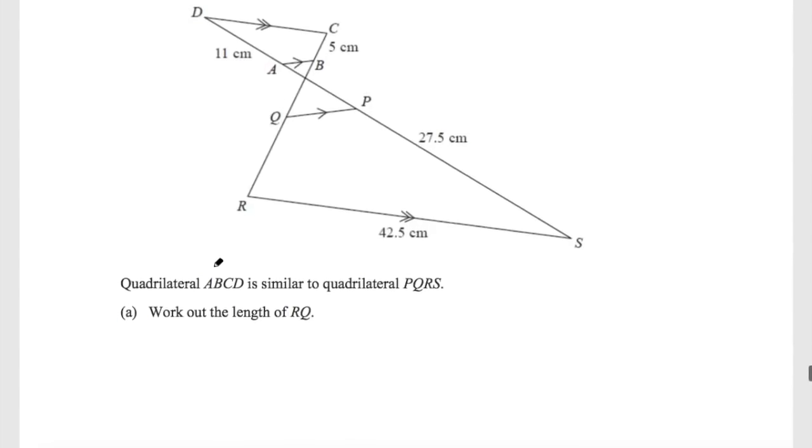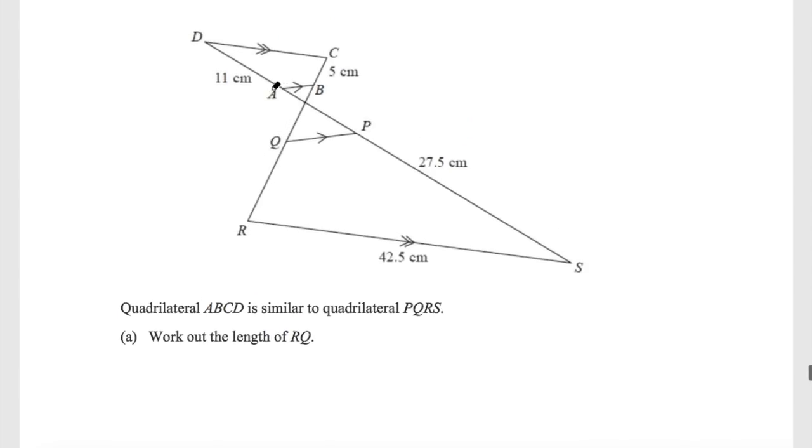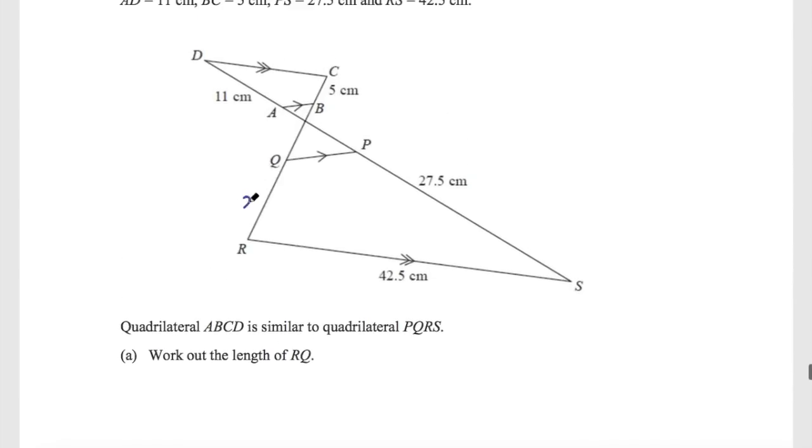Okay, and part a says quadrilateral ABCD is similar to quadrilateral PQRS. So ABCD is this quadrilateral here, and PQRS is this one here. And it says work out the length of RQ, which is in here. Okay, so if these two quadrilaterals are similar, that means these lengths are increased by some scale factor.